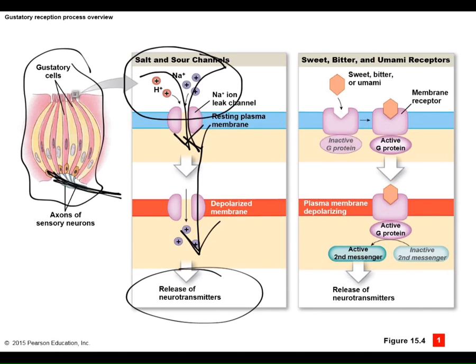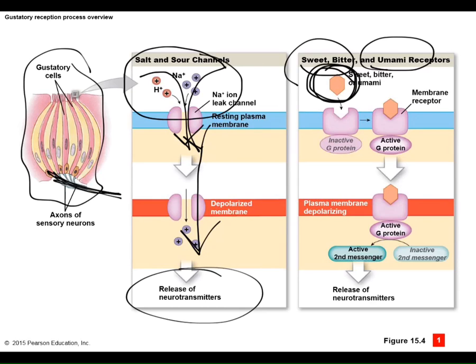Whereas, if we're talking about sweet, sugary molecules, or umami, umami is triggered by amino acids. There's 20 different amino acids that make up proteins. So some of the amino acids trigger this receptor. And here's that idea of a second messenger. This molecule that's in orange is the sweet, bitter, or umami molecule.